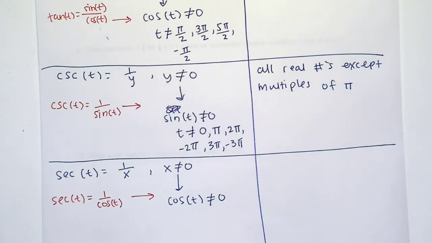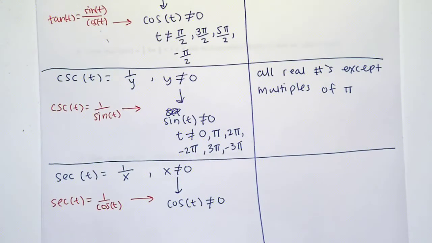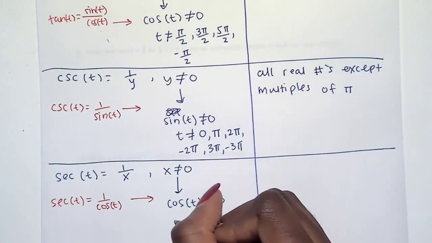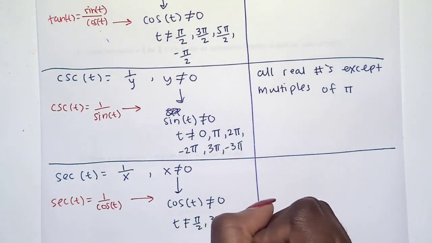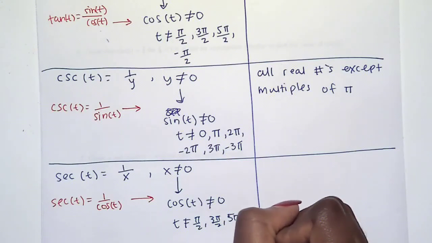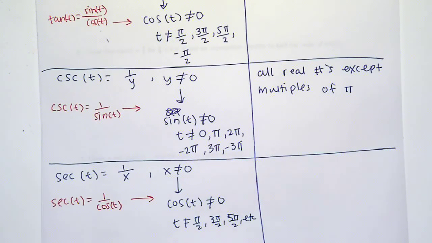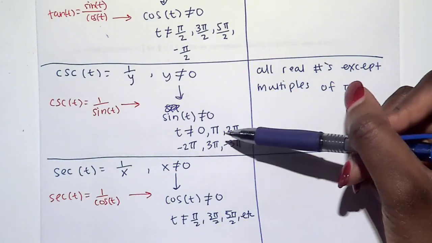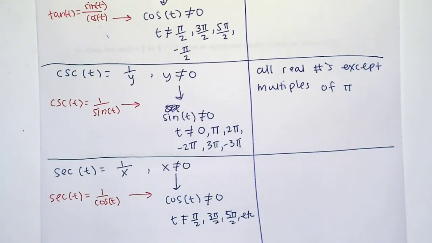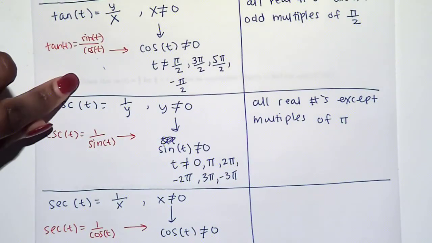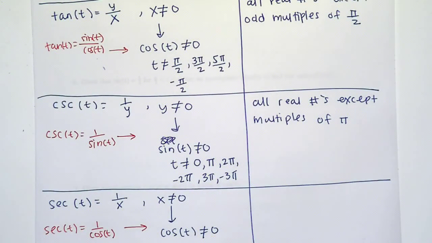And we found this before, right? We found it up here when we were working with tangent. All right, so that means t can't equal pi over 2, or 3 pi over 2, or 5 pi over 2, etc. All the things we found above. So that means secant has the same domain as tangent, which makes sense because they have the same denominator.